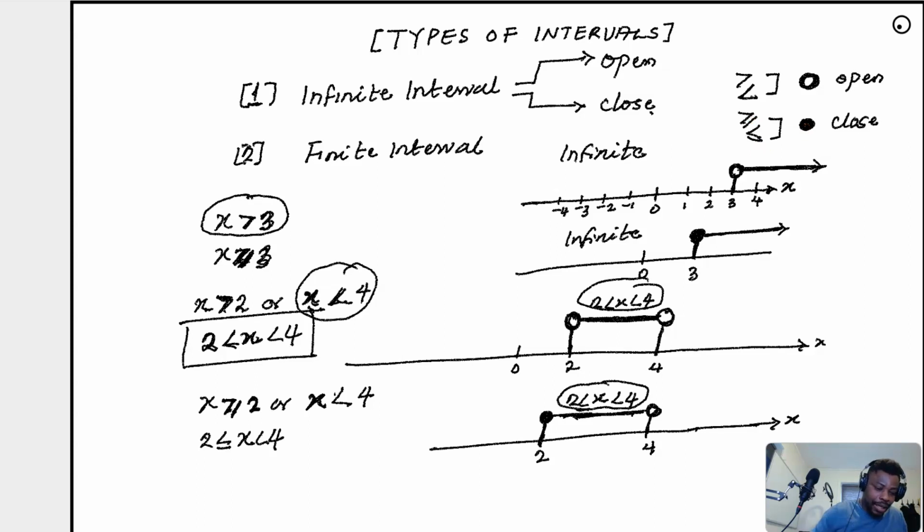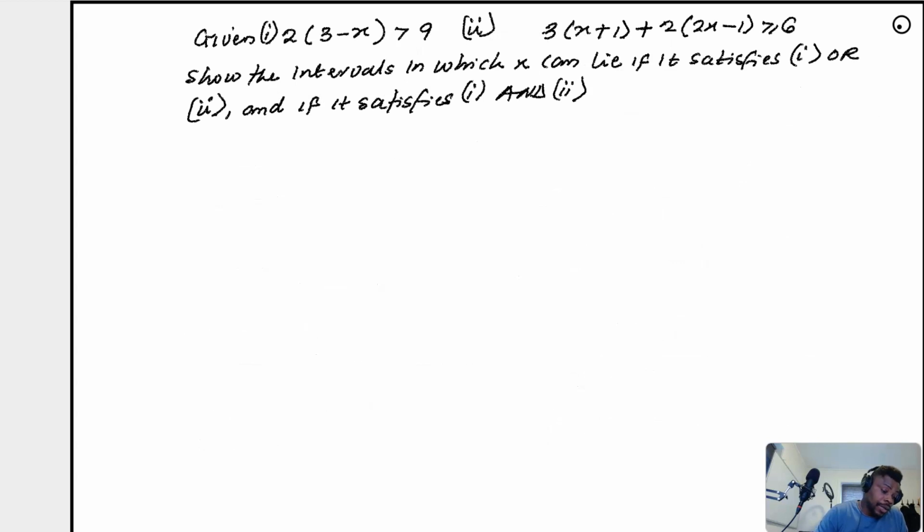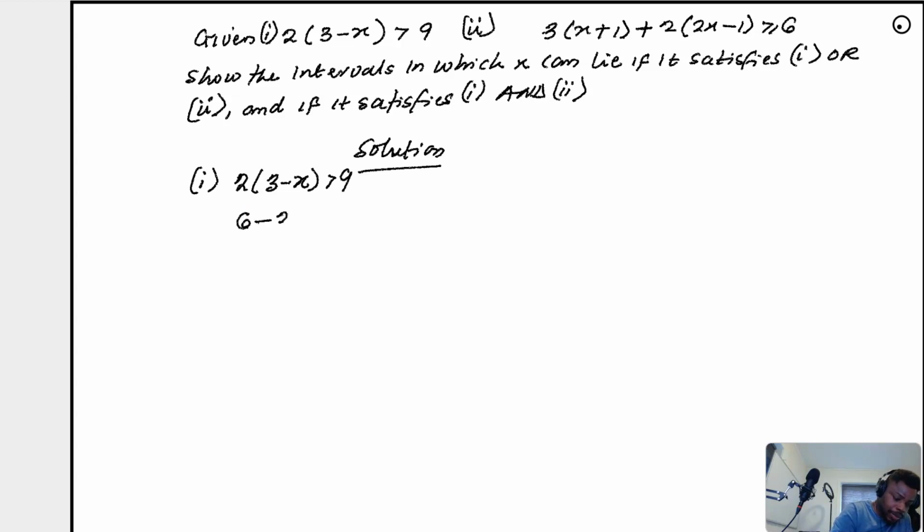Now let's take questions here. Now let's take this question. Given 2 bracket 3 minus x greater than 9. Okay, so we can open the bracket here. 6 minus 2x greater than 9.